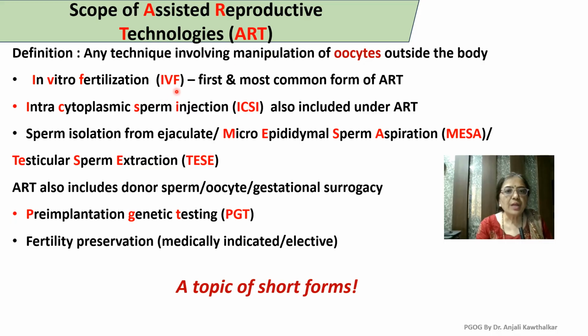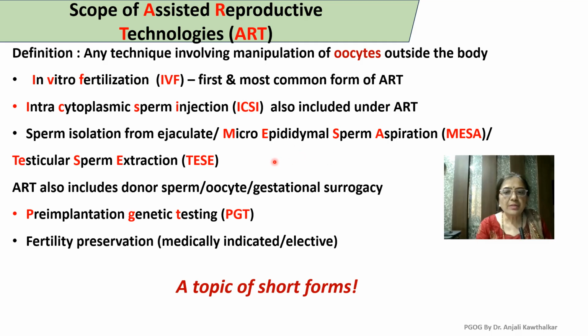In vitro fertilization, IVF is the first and most common form of ART, whereas ICSI, that is intracytoplasmic sperm injection, was introduced a few years later, and that is also included under ART.